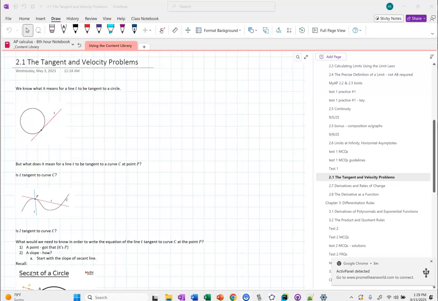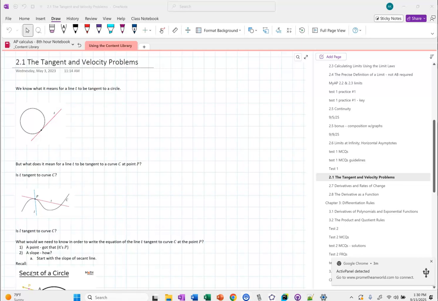So calculus was really created as a tool for Newton to answer a specific question. The question he wanted to answer was: I take an object, I drop it. How fast is that object going at some instant? I can calculate the average velocity, the average rate of change, which you talked about in AP pre-calc last year. Average rate of change is really just a fancy way of saying slope.